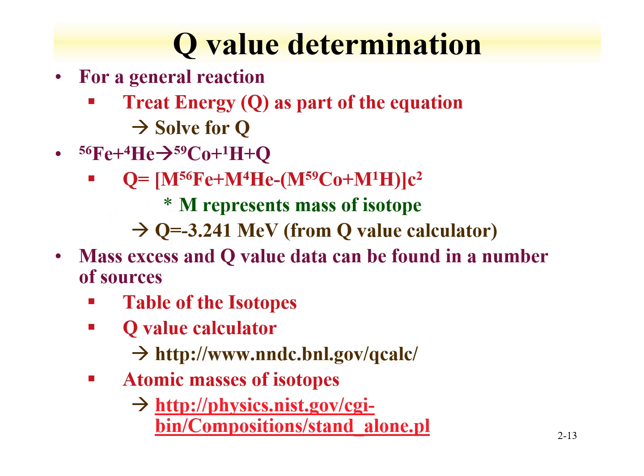I can get the mass excess and Q value data that are necessary from a number of different sources: the table of the isotopes, the Q value calculator, and the atomic masses of isotopes. This Q value calculator is a tool from the National Nuclear Data Center at Brookhaven National Laboratory where you can input the reaction information and the Q value will come out.